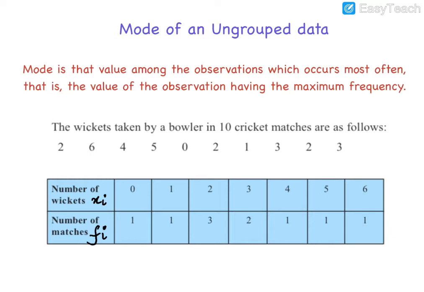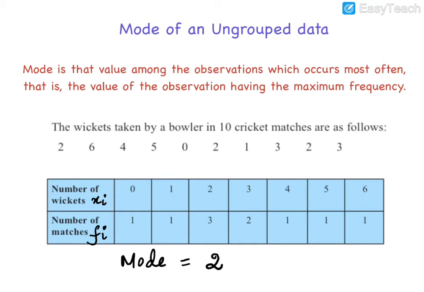Find the observation which has the highest frequency. The highest frequency is 3, which is for the observation 2. So the mode of this data is 2. What this means is 2 wickets were taken by the bowler the maximum number of times. This is something we have already studied in lower classes.